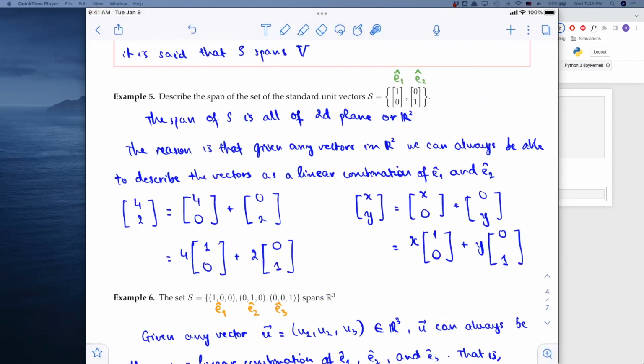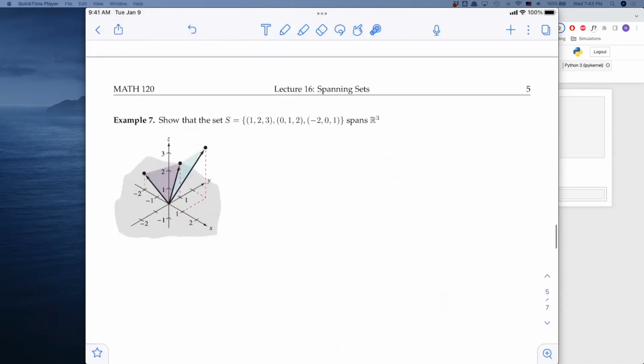Okay, now moving on to the next example, right? In the last two examples, you have standard unit vectors. Now we're going to look at some non-standard vectors. Can you actually describe the span of the set?